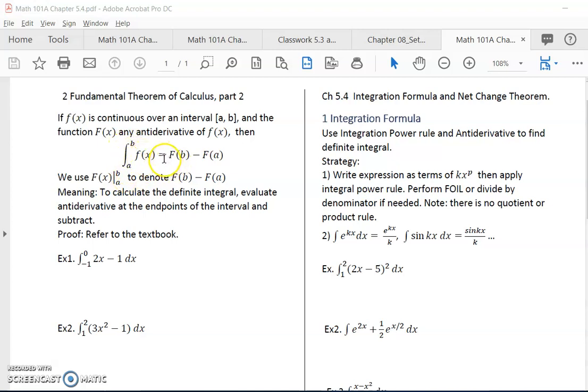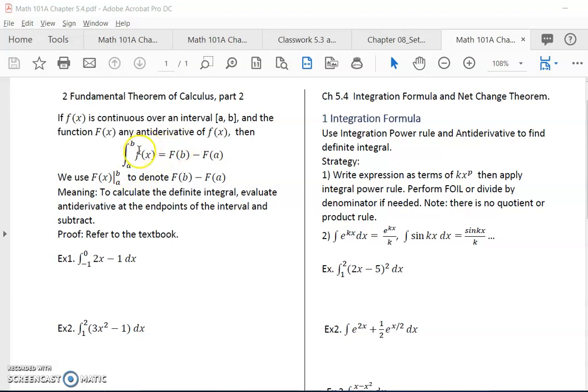And we finally come to the conclusion that if f of x is continuous over the closed interval, then for F, which is any antiderivative of f of x, you can plug in the upper limit minus the lower limit, and that will actually equal the definite integral. That means the area under the curve. So we are tying the two together.